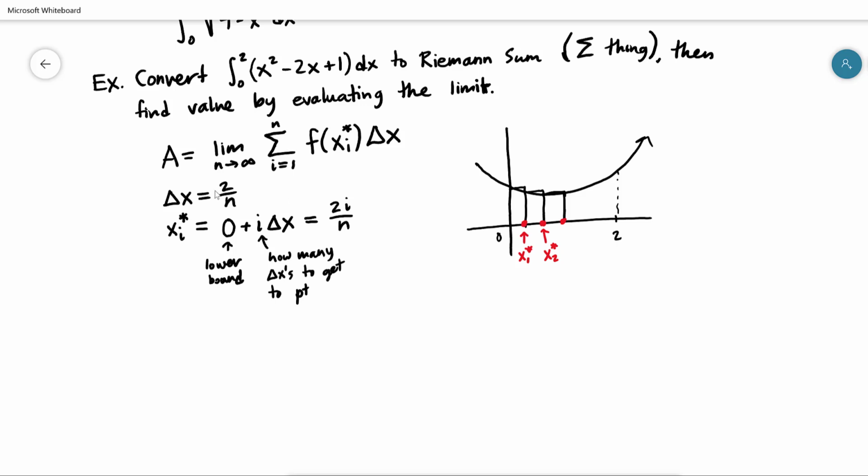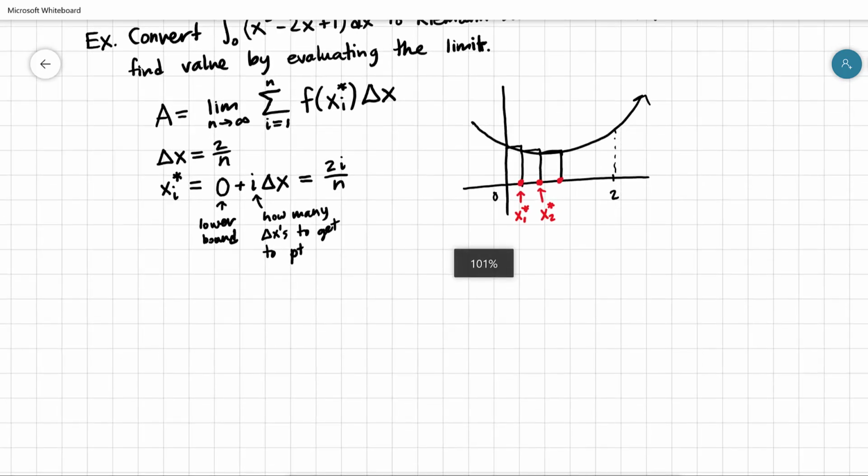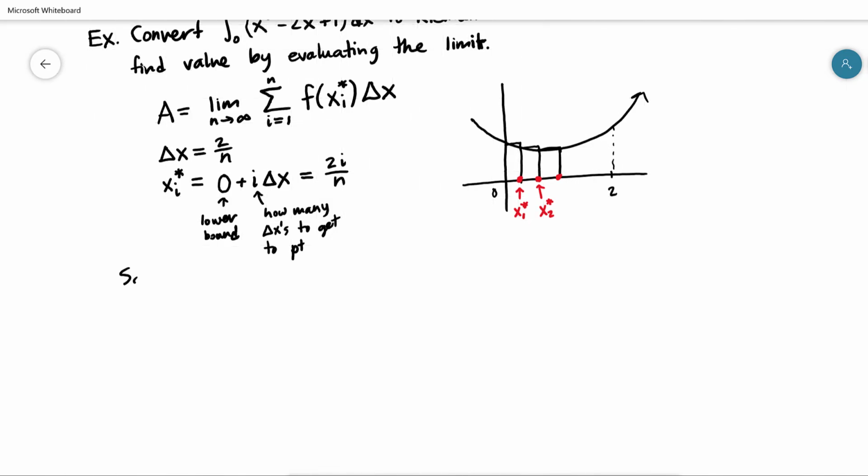So I have an expression for delta x, I have an expression for my xi stars, my sampling points, and now I can rewrite my entire thing in terms of these. So we get the following.